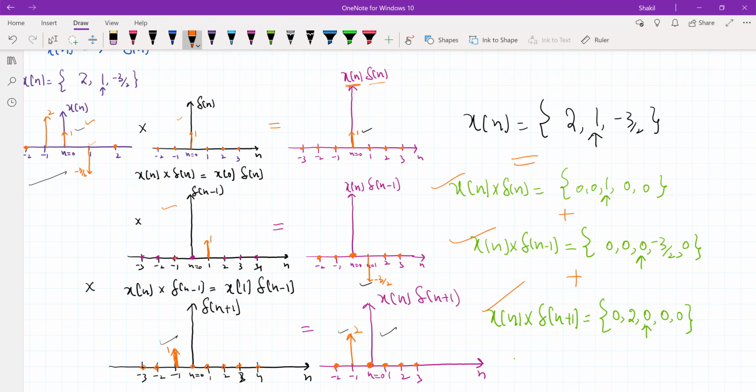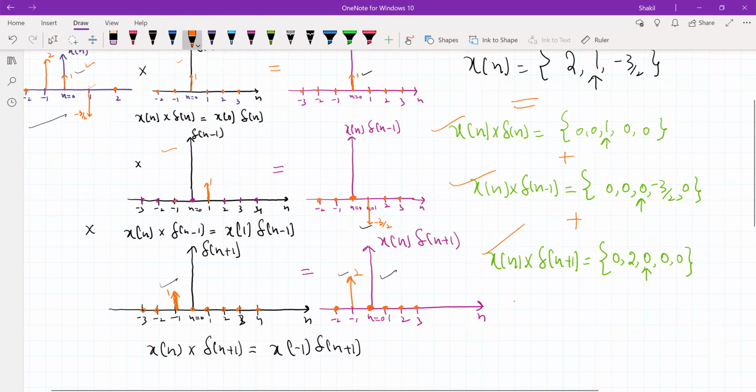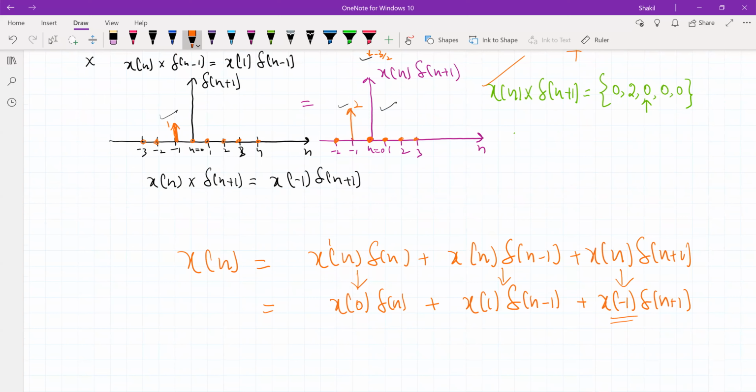So x of 0 is not a signal. x of 0 is a value in the sequence. Once you multiply this, x of n does not remain a sequence. It is simply a constant value, or merely a sample value of the signal, and it acts as a mere constant from now on. Same is true for this multiplication.